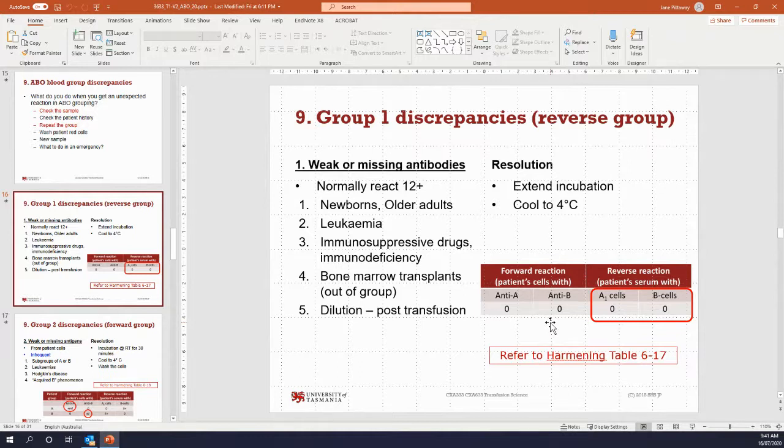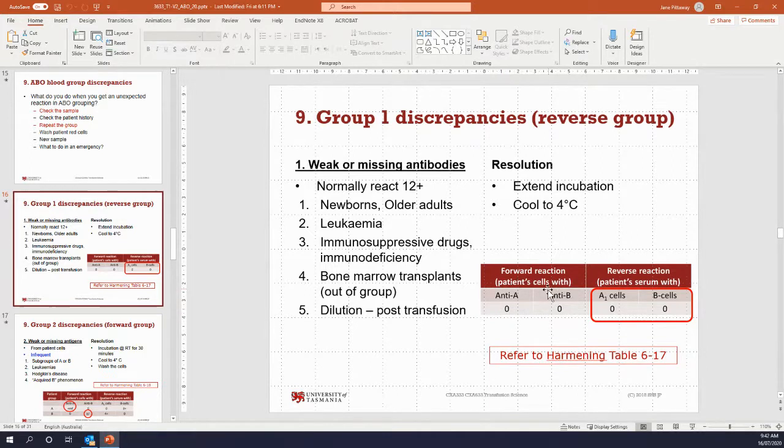And this is where it's very easy to get confused, which is why I really push this. You've got to remember, what is in this tube here? We have our reagent anti-A and our patient cells. What is the reagent anti-A detecting? It's detecting if there is any A antigen on the red cells.